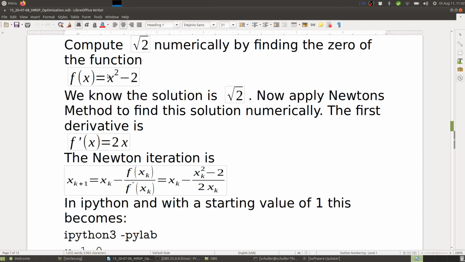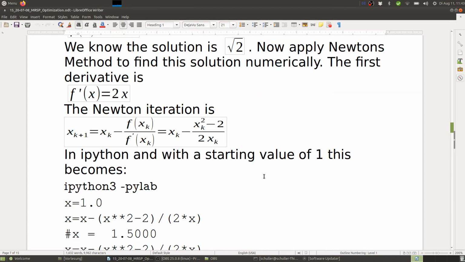So all what's left is the first derivative of x squared, which is 2x. Right. So now we can actually formulate Newton's iterations. So this is f of xk divided by f prime of xk. And that's xk squared minus 2 divided by 2xk. So now we have our iteration, xk minus (xk squared minus 2) divided by 2xk.